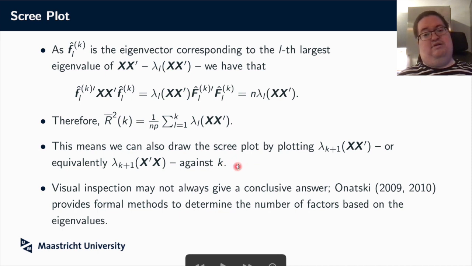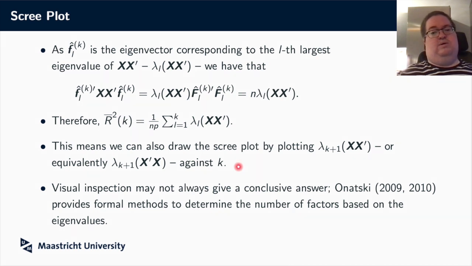And so again, the idea is the same. What we do is we want to find out if the eigenvalue is large. This is evidence that there is indeed a factor, and so we would expect that if there are k factors, then after the kth eigenvalue, we should observe a drop in the eigenvalues.